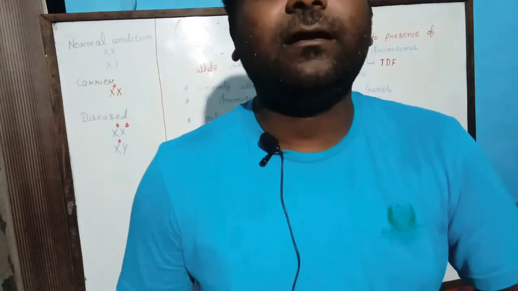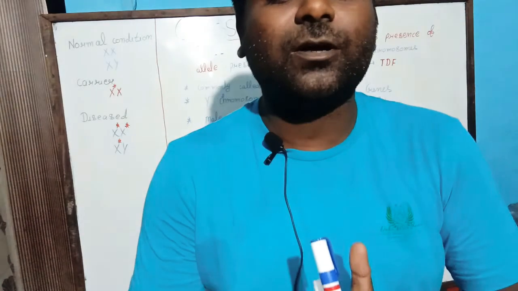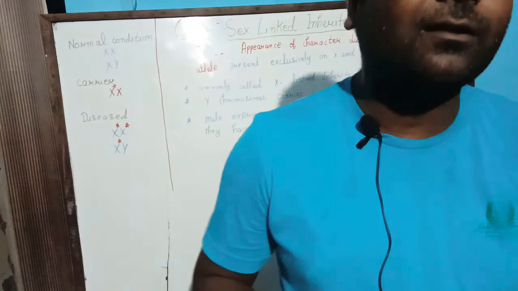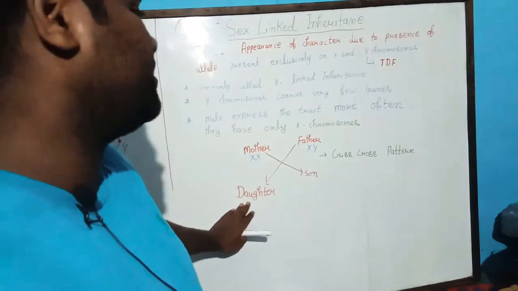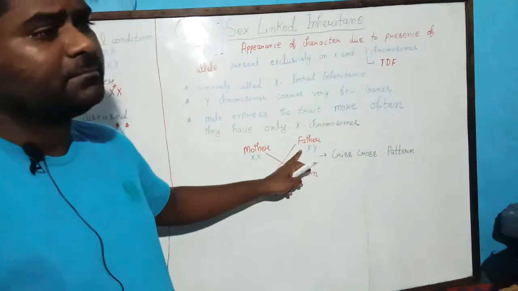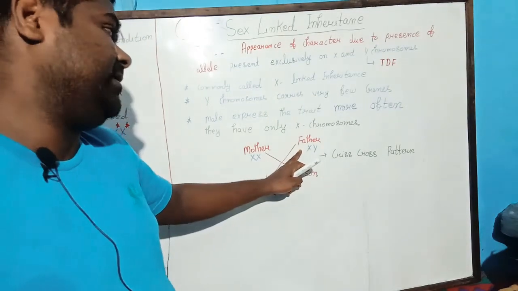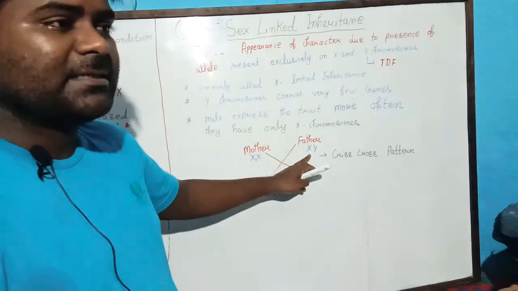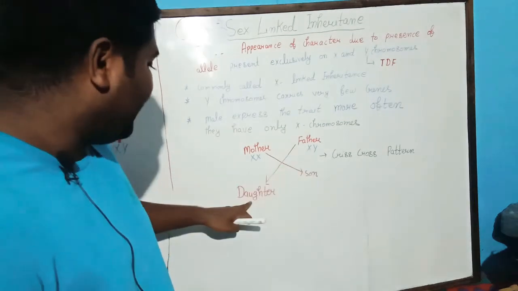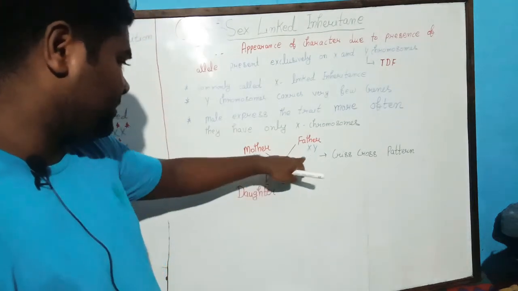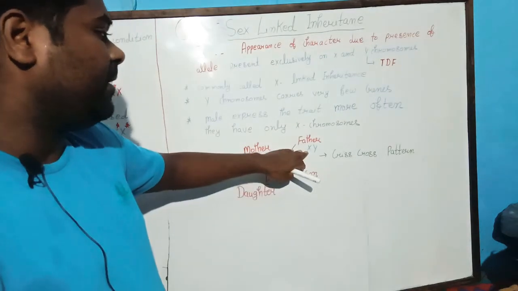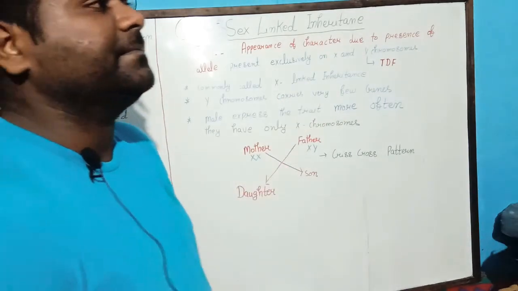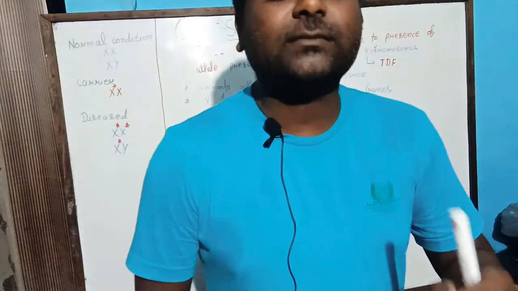And this pattern is known as the Crisscross pattern. So what is the conclusion of this? For a diseased daughter, the father must have the diseased condition, because when X is defective, it can be transferred to the daughter. If the daughter is defective, it is sure that the father was defective. It means that his X was defective.